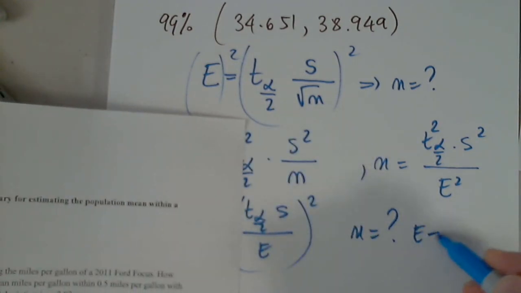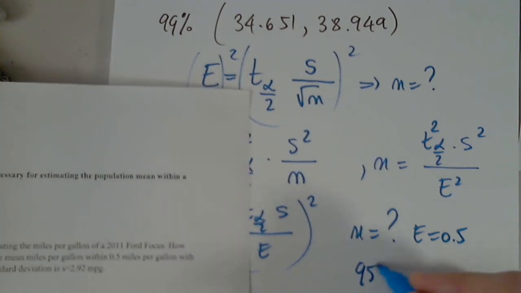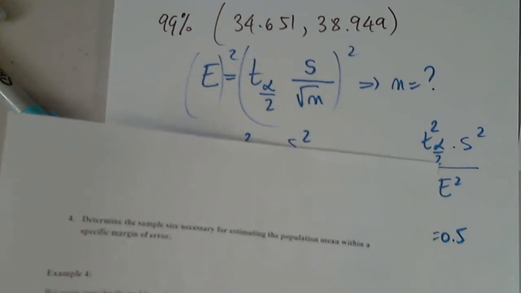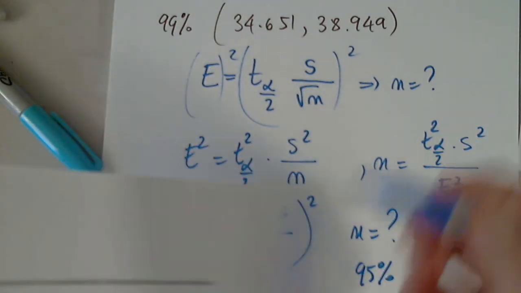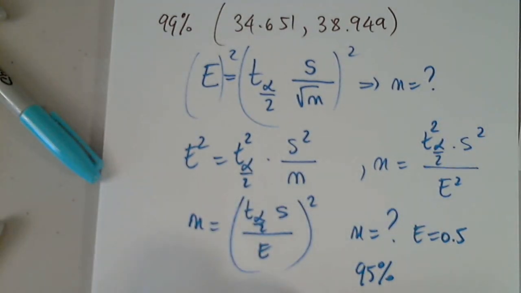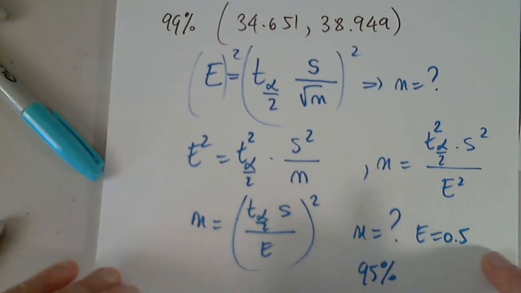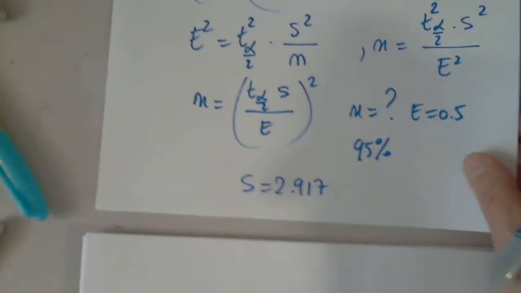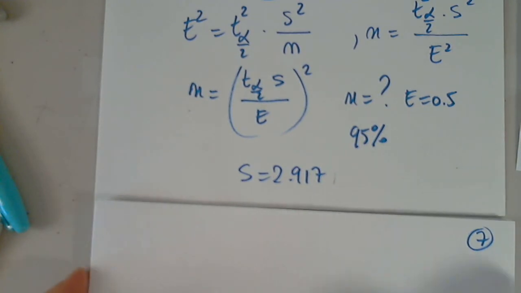So E equals 0.5 with 95% confidence. The sample standard deviation we already have, a better estimate, so S equals 2.917. And this is not the best approximation; the best approximation will have more decimals than just 3.